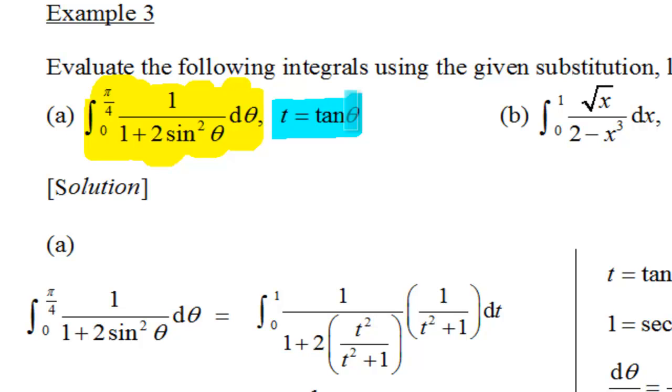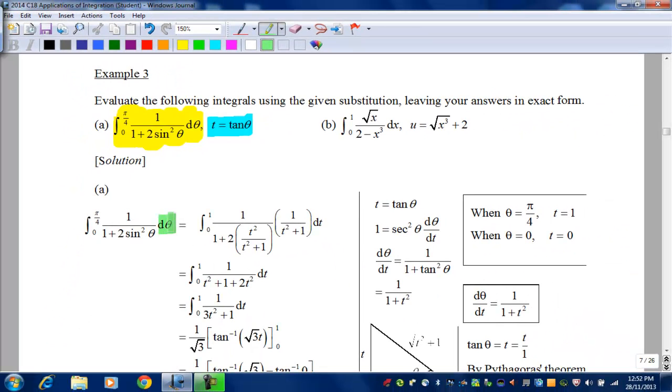So we have learned integration by substitution in the previous chapter, involving indefinite integral. And now we are looking at evaluating definite integral by substitution. So from the previous lecture, we know that we need to make this d theta in terms of t, sine square theta as well in terms of t.